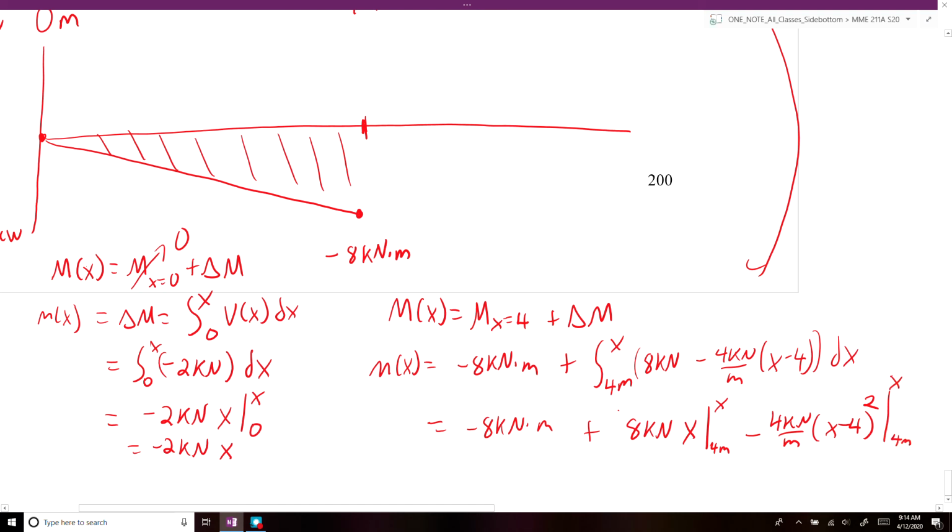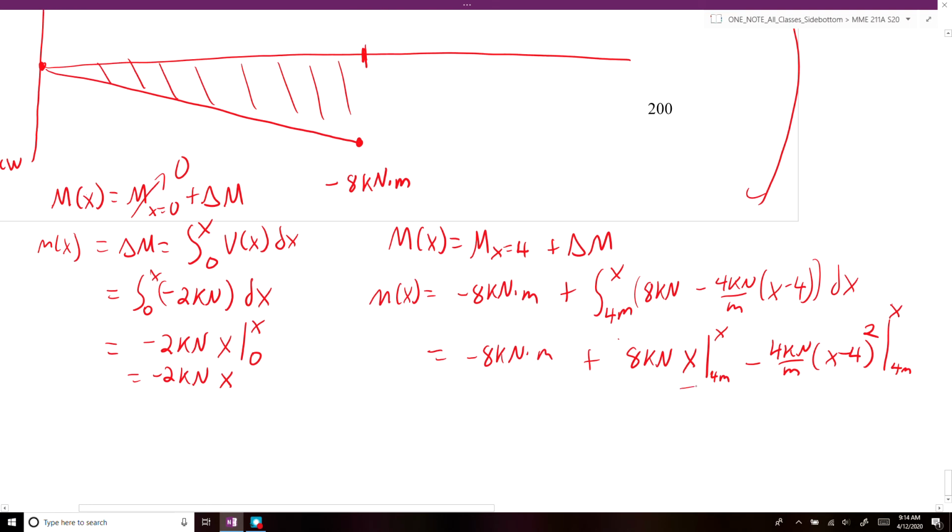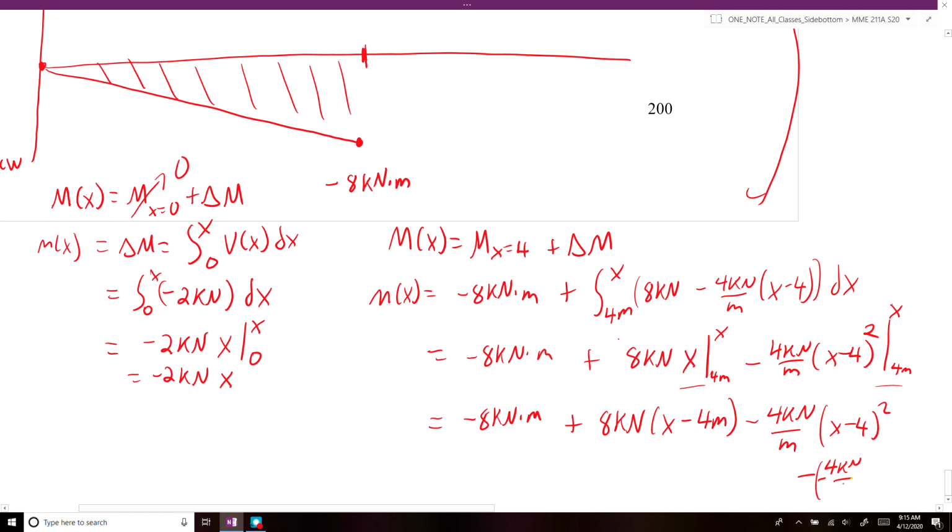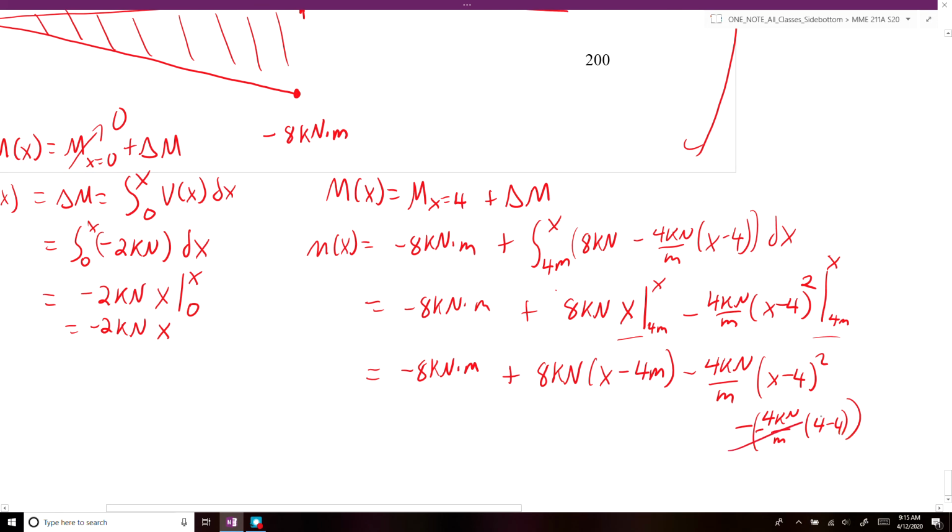So if we evaluate these, we get minus 8 kilonewton meters plus 8 kilonewtons times (x minus 4 meters), minus 4 kilonewtons per meter times (x minus 4) squared, and then minus 4 kilonewton meters times (4 minus 4 meters), which is just 0. So this term will just get rid of itself.